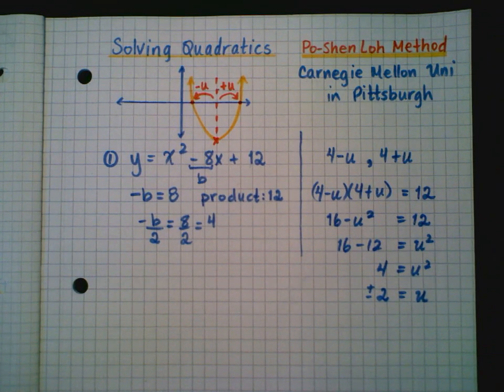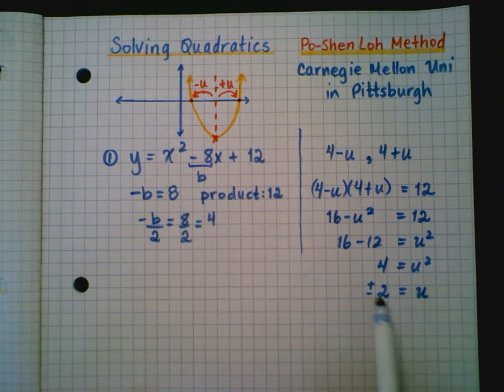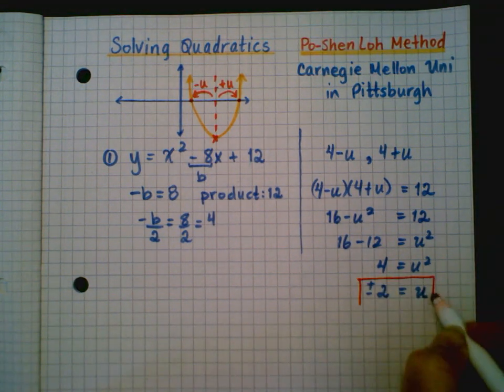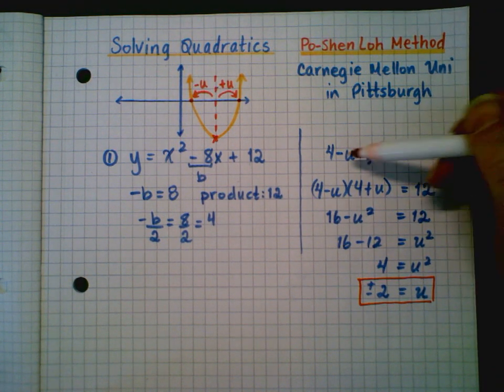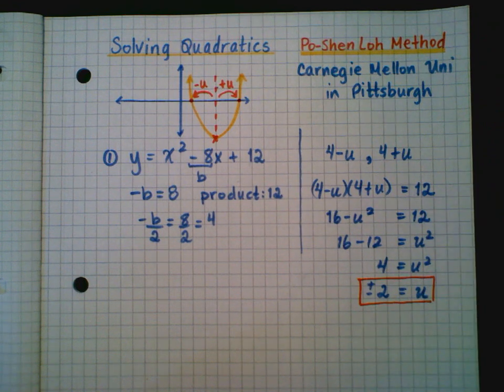So my u value in this case is plus or minus 2, which means I can take that back, little box around that, back into my original two statements here, 4 minus u and 4 plus u, to find the location of the zeros.